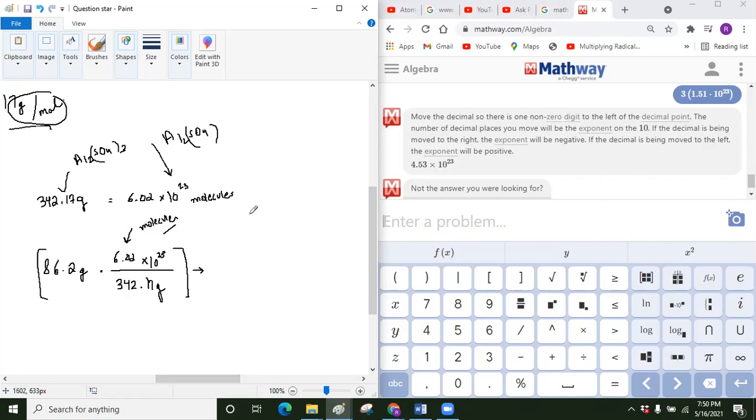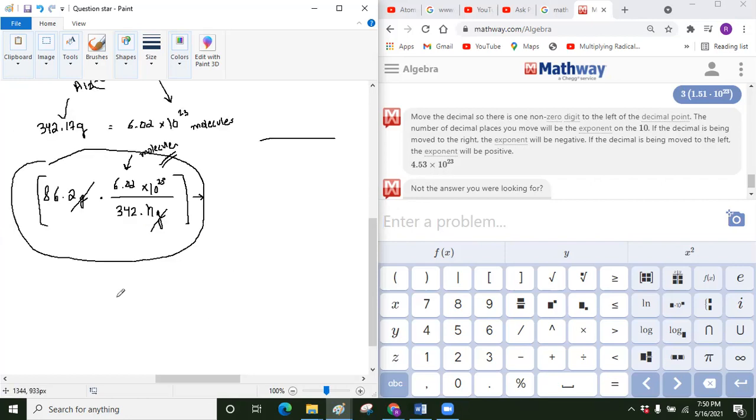In order to do that, you would need a ratio that would allow you to be able to cancel molecules. These grams, you can think of as already having been canceled. The answer that you would have from this would be in molecules. If you didn't extend this conversion factor further, you would just have an X amount of molecules.